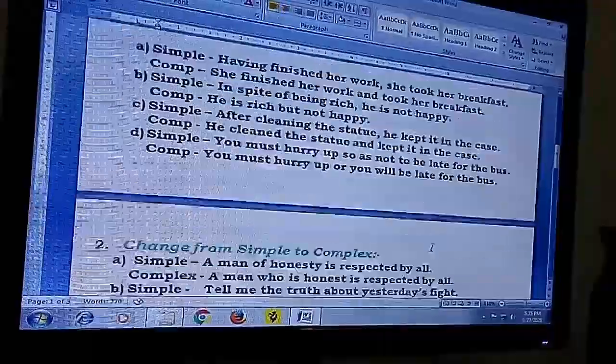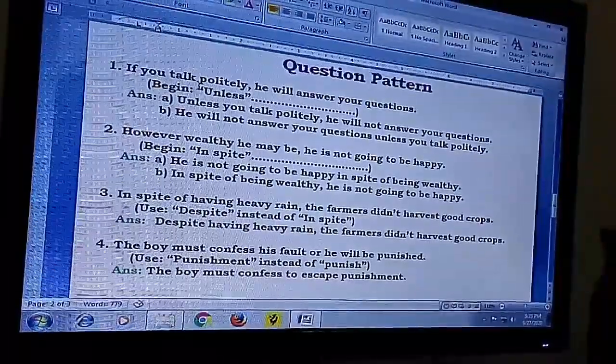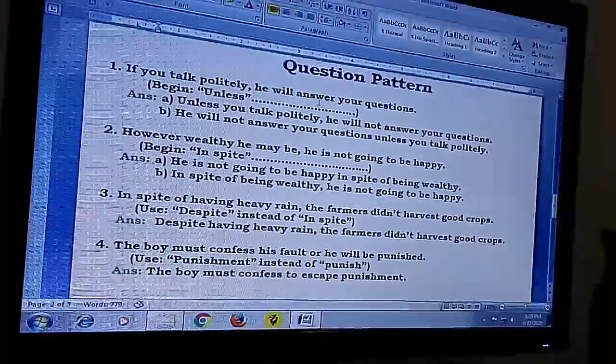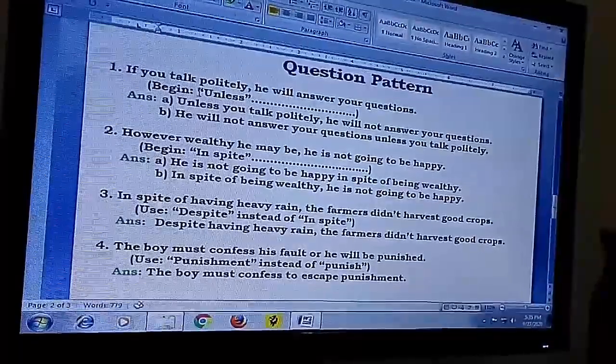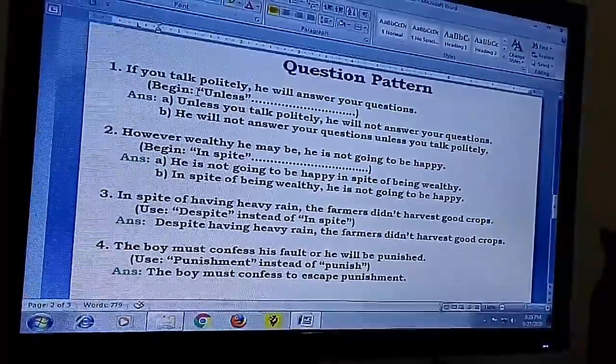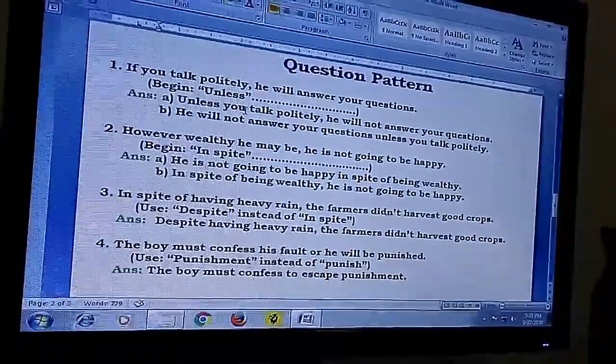In this ICSE pattern, number one: If you talk politely, he will answer your questions. You are to begin with "unless". Nowhere is it written to change from simple to complex or compound to complex.